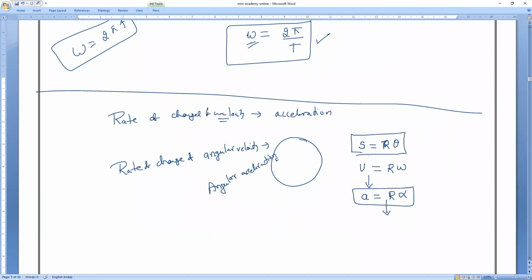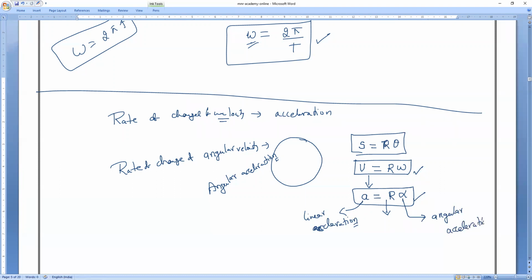See, the rate of change of displacement is velocity, and the rate of change of velocity we call acceleration. This is called linear acceleration, and this alpha we call angular acceleration.